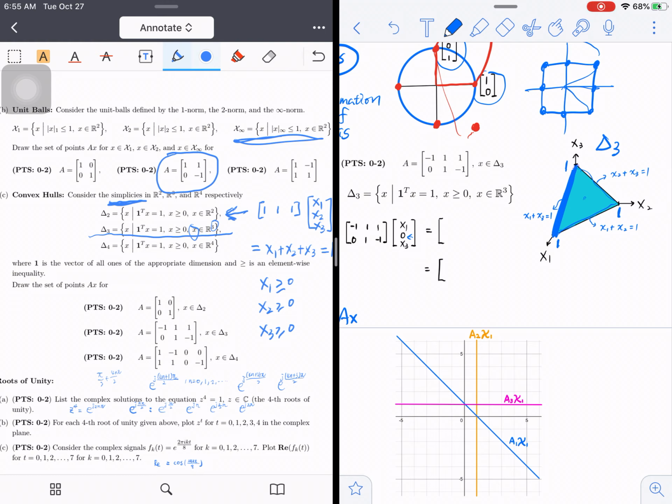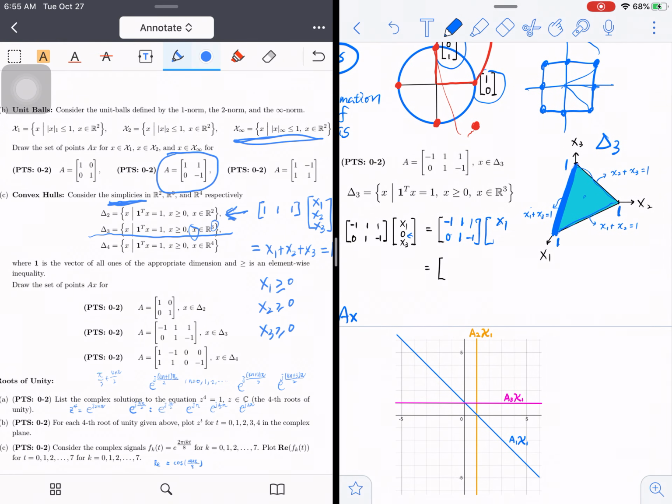And therefore, what I get, before doing this, we know that, what is x3? We know that this line, this boundary, is described by this line equation called x1 plus x3 equal 1. So you know that x3 is equal to 1 minus x1. So what you get is 1 minus 2x1 and x1 minus 1.